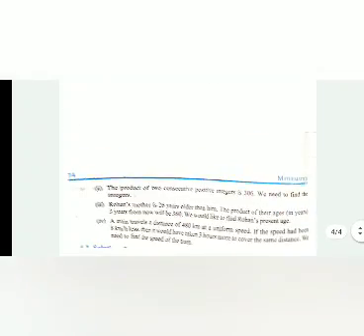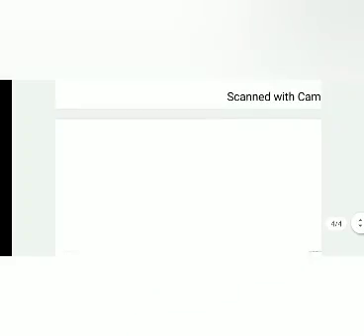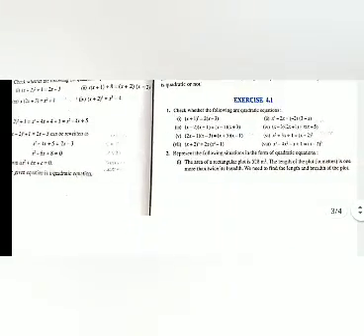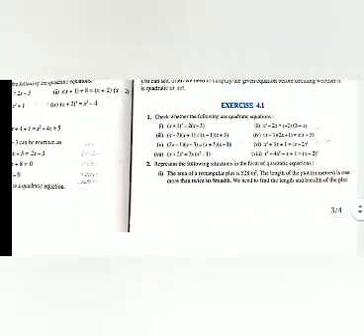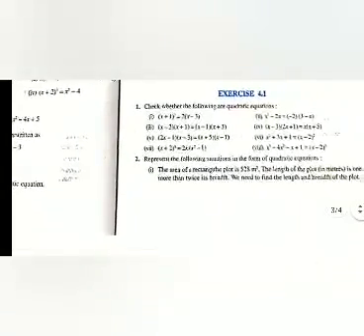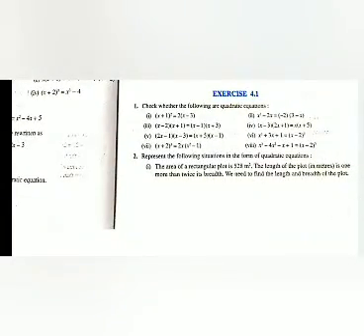See here, question number 2. Represent the following situation in the form of quadratic equation.